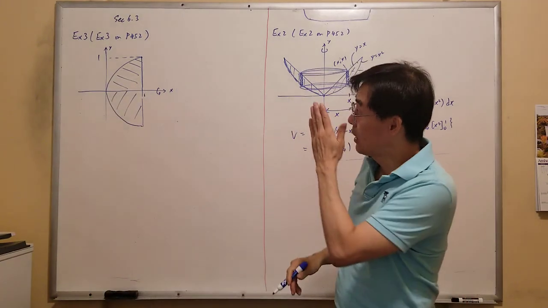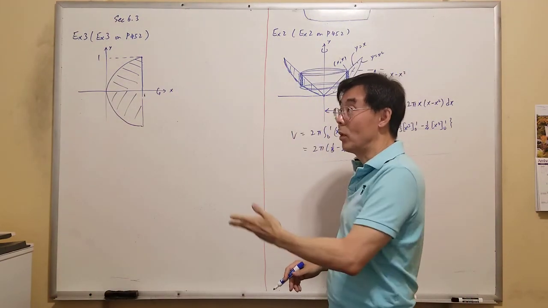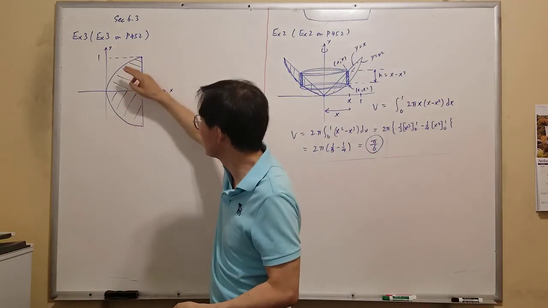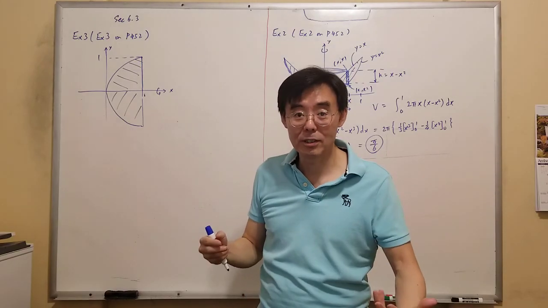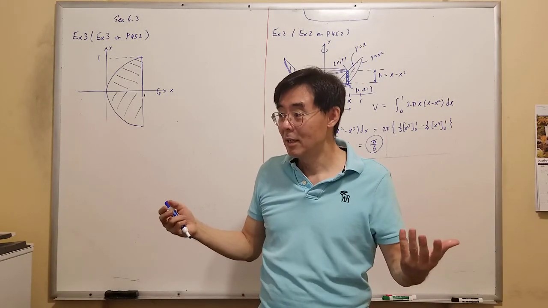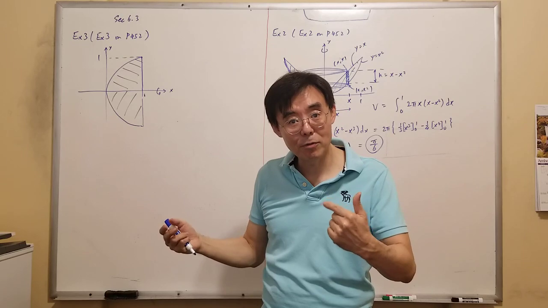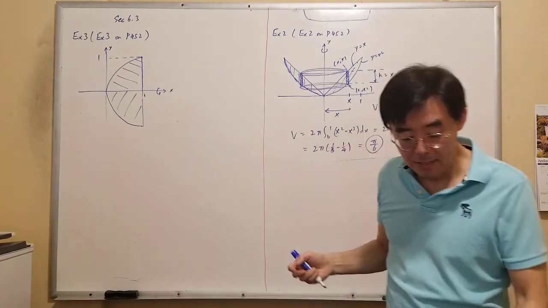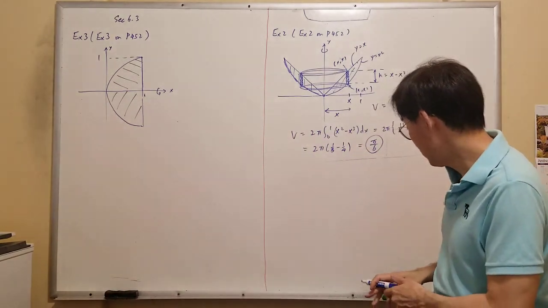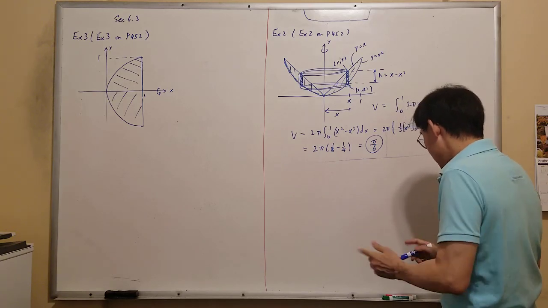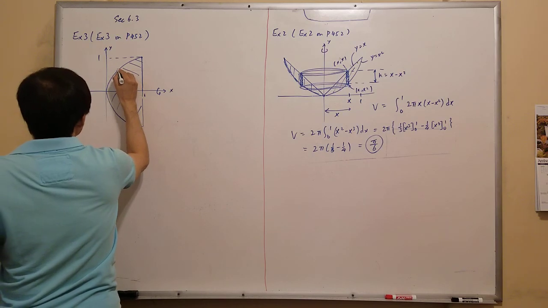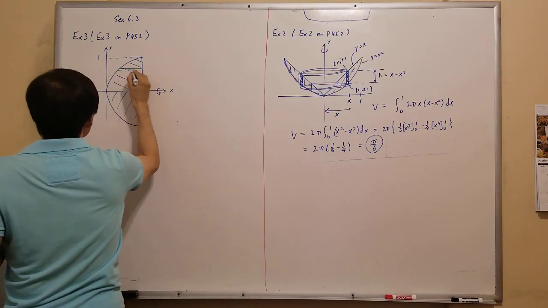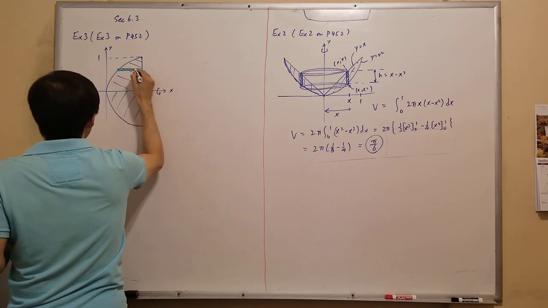Now, this is really easy using the washer method. Your washer happens to be just a disc, because there's no hole. In that case, we call it the disc method. But the disc method is the special case of the washer method when your inner radius is 0. But here specifically they ask us to use the cylindrical shell method. Then this time we have to consider that the cylindrical shell piece is actually parallel to the rotating axis.